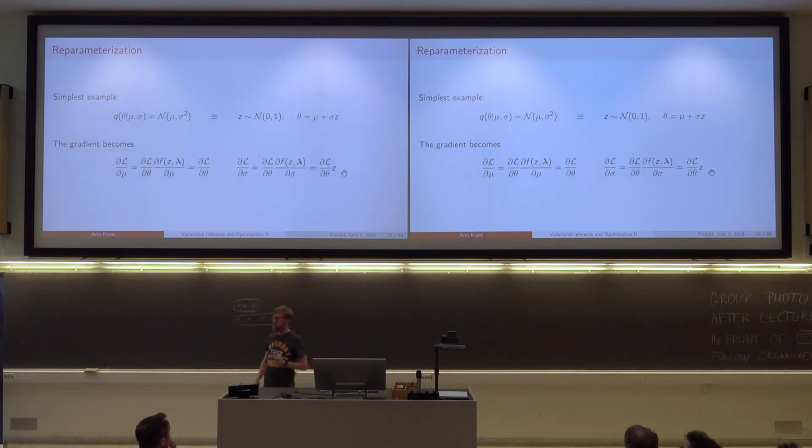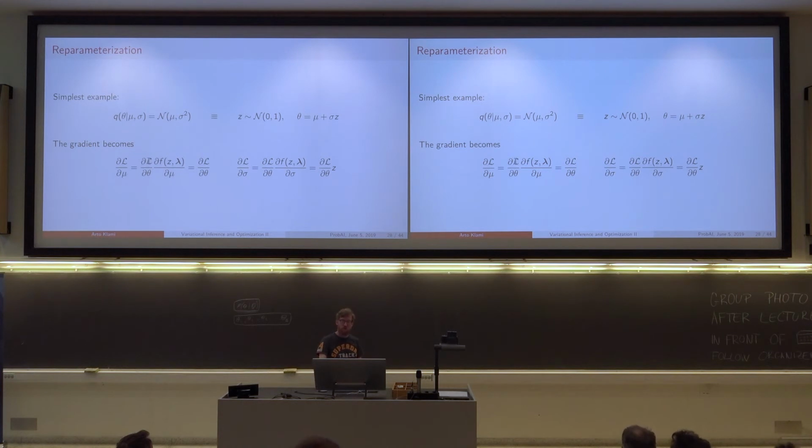The simplest example of what's happening really is this normal distribution. If your approximation is parameterized by mu and standard deviation and corresponds to some normal distribution, then you draw samples from a zero mean unit variance Gaussian, and then you obtain theta by this simple rule. And if we now look at the gradients of our log of p with respect to these parameters, I'm skipping the expectation part here.